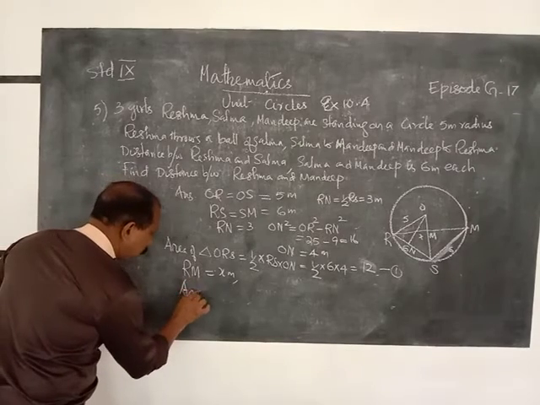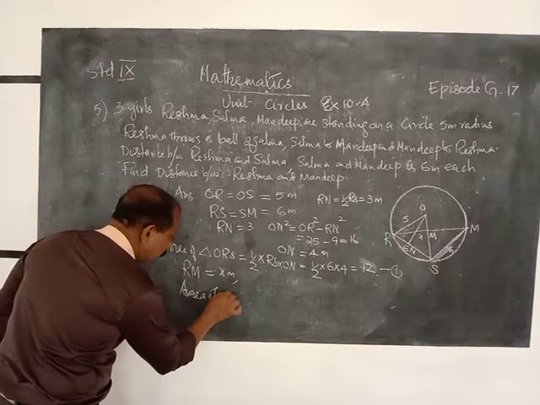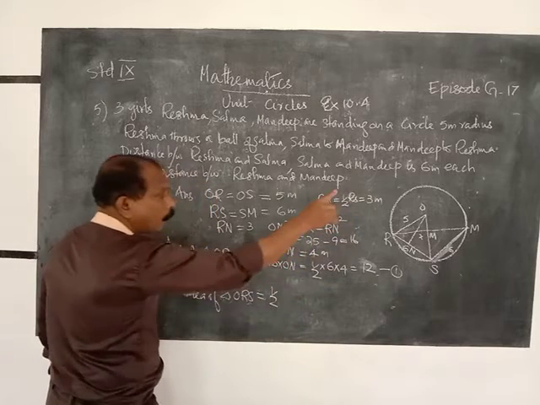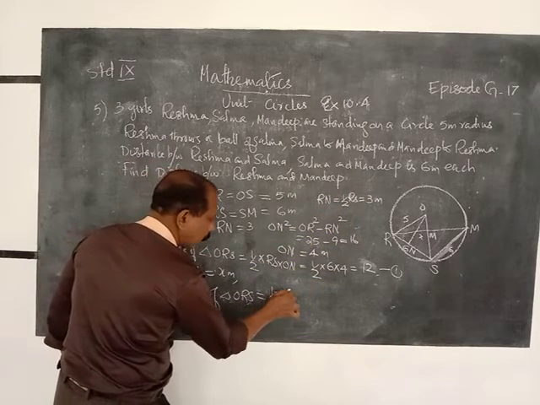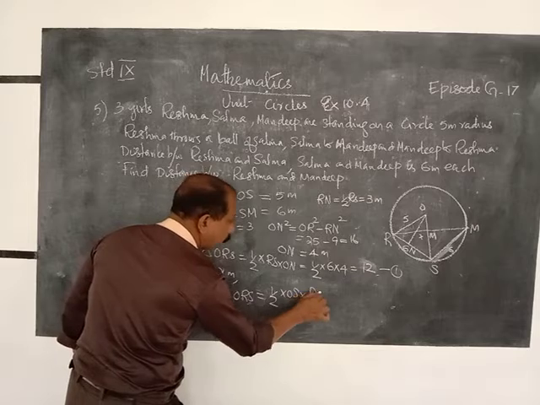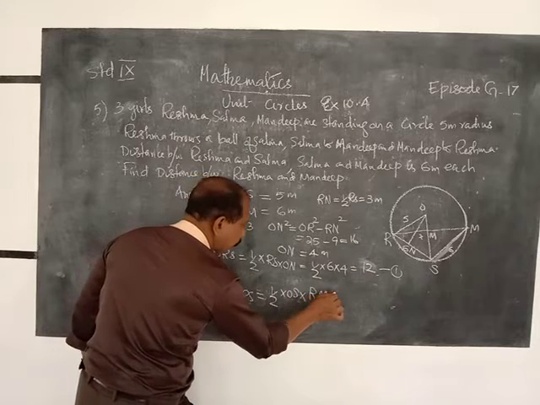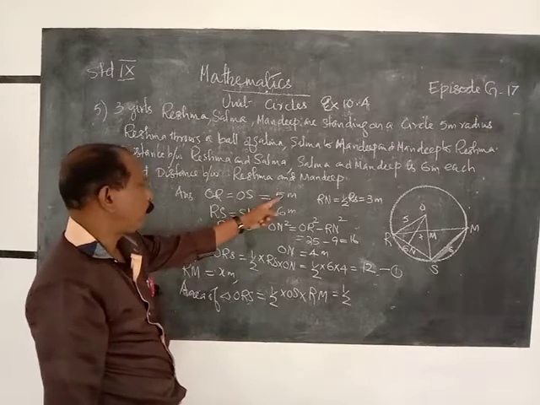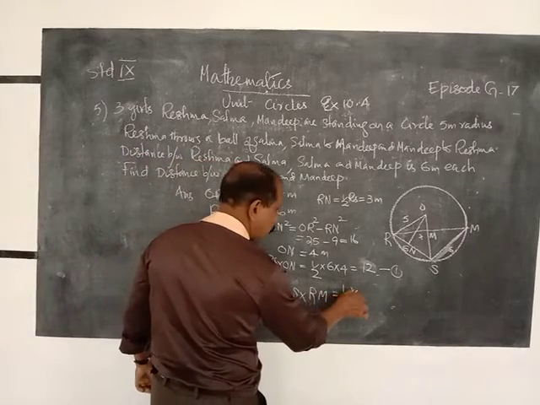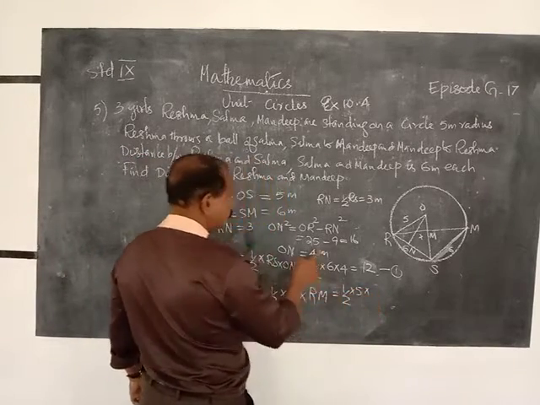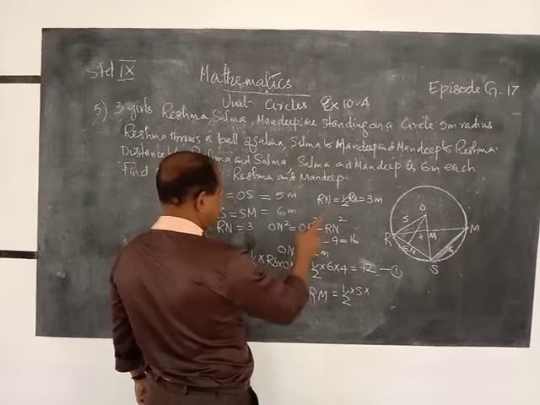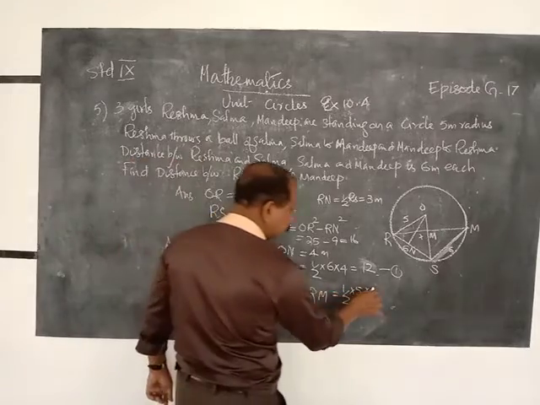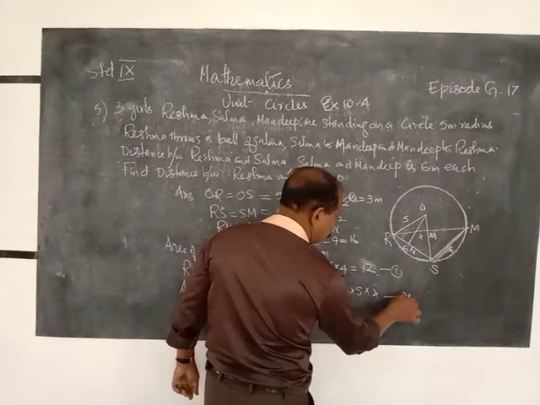Therefore, area of triangle ORS is equal to half into OS into RM, is equal to half into, what is OS? 5 into RM is equal to x. That is equation number 2.